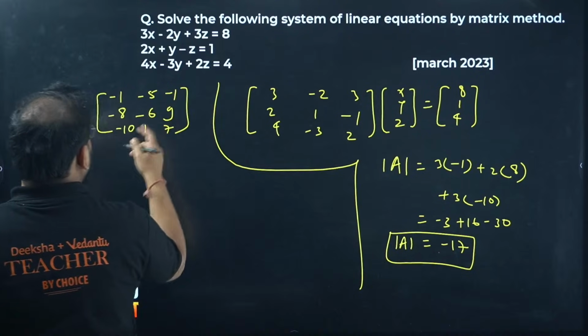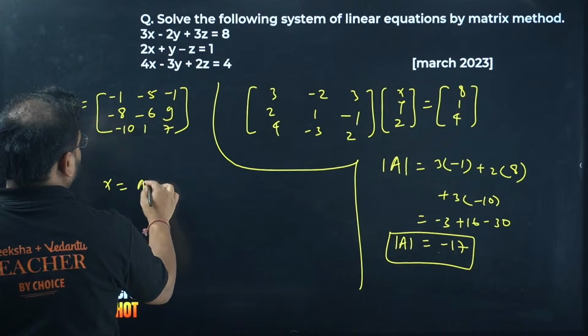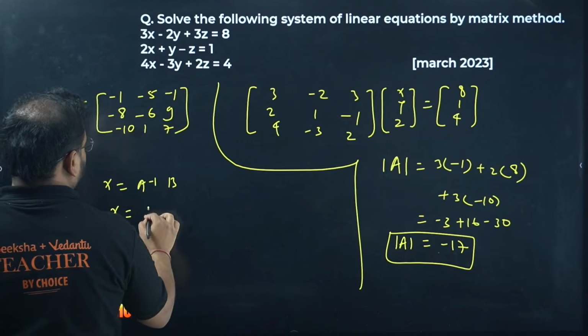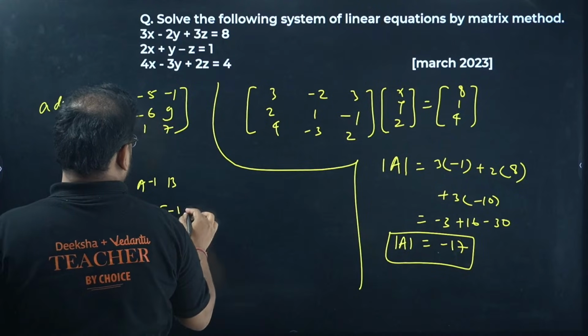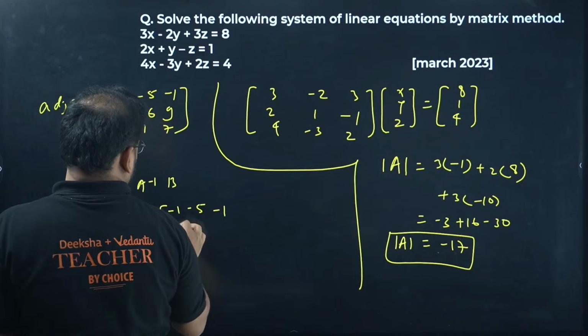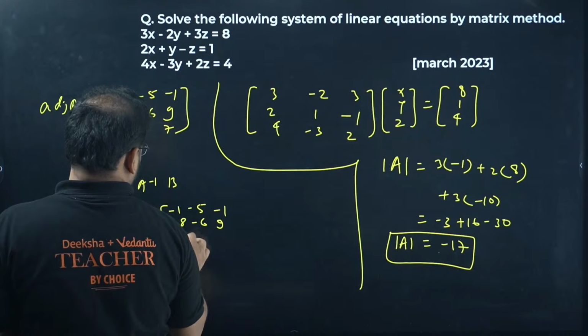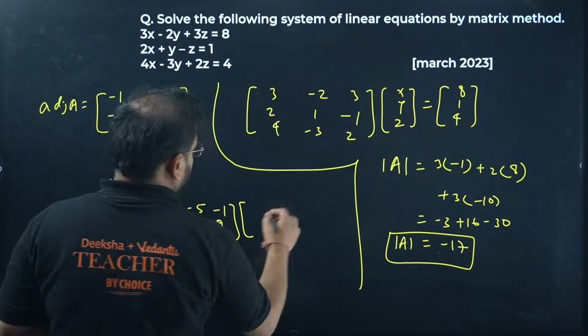If I have made any mistake, let me know. And your value of x will simply become A inverse into the matrix B. So x will become 1 by minus 17 into this particular matrix: minus 1, minus 5 and minus 1, minus 8, minus 6 and 9, and minus 10, 1 and 7, with the matrix B, 8, 1, 4.